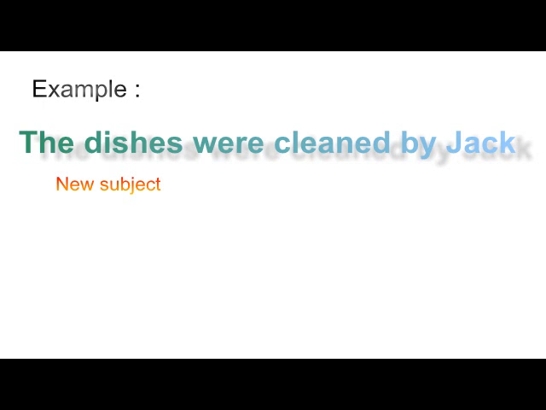The verb did not change its position, but the form did change. We can see the verb to be plus past participle. The original subject also moved into the object's position at the end of the sentence.